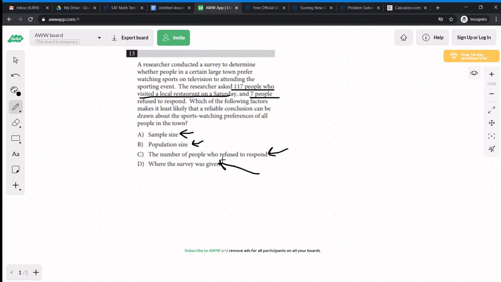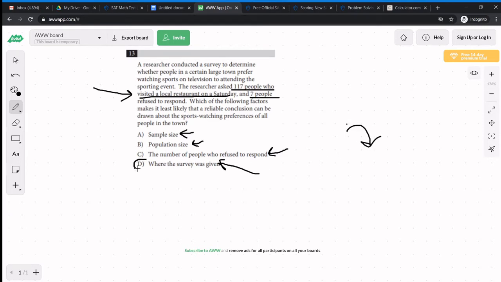Where the survey was given. Now, this survey was given at a local restaurant. That means that people are already going to be more prone to go outside, right? And it's going to be people who are maybe happier watching an event with their friends on TV in the local bar as opposed to watching it at home by themselves.